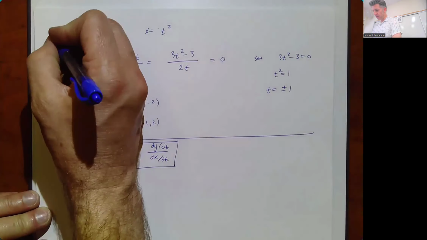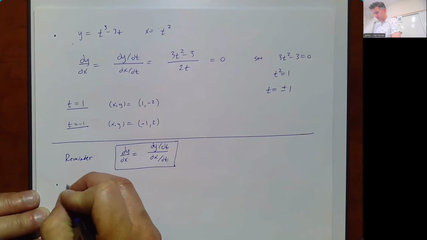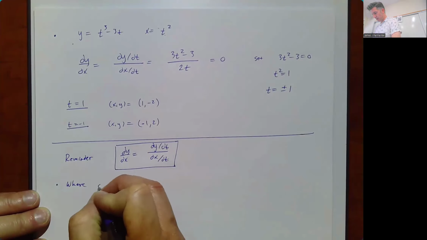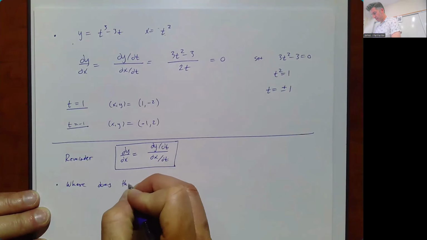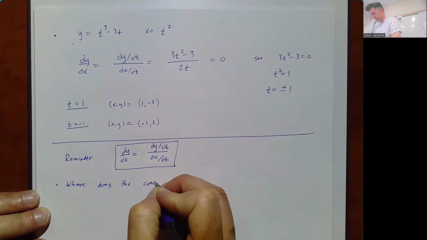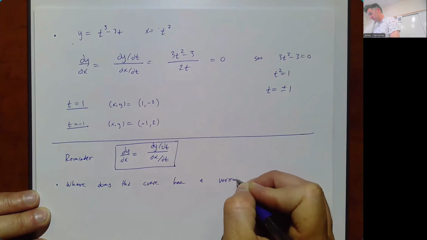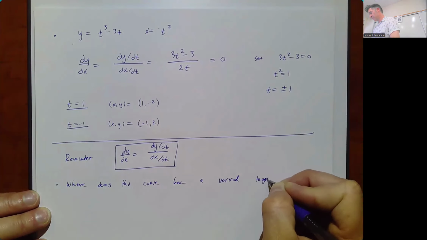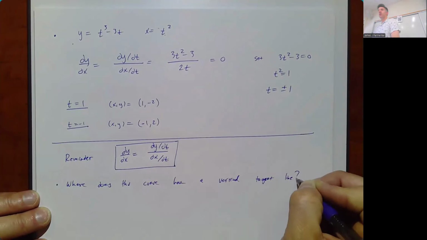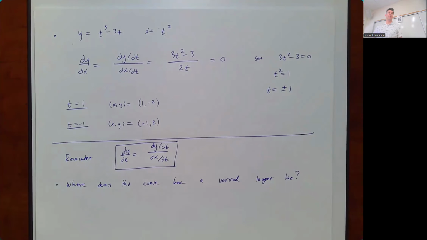What if we asked, where does this curve have a vertical tangent line? Okay, horizontal tangent line means that the slope is 0.